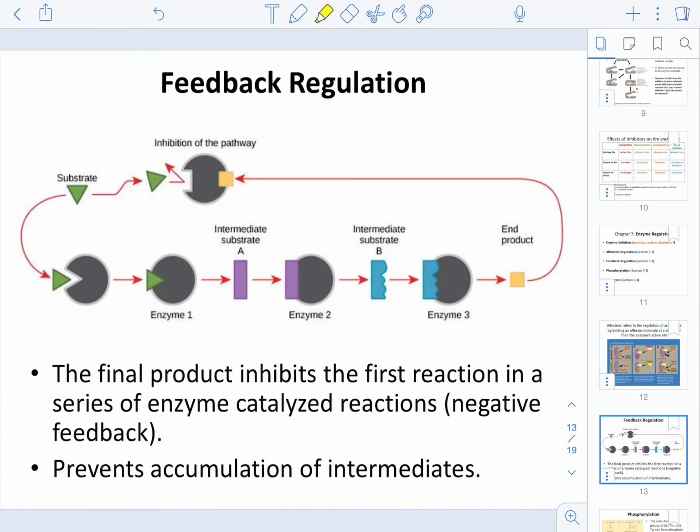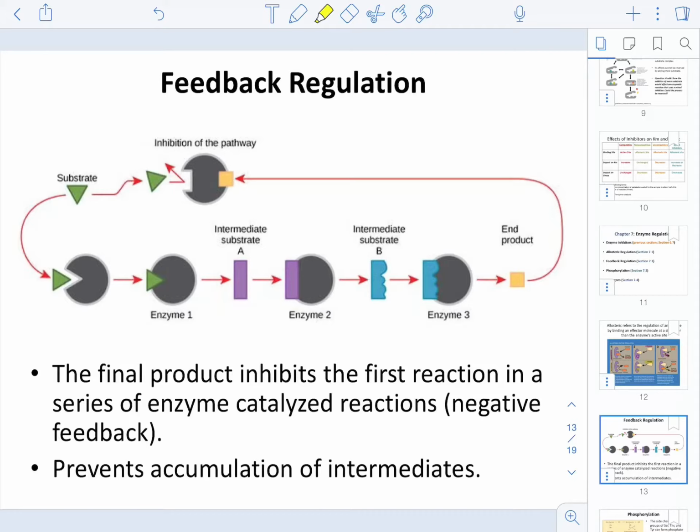The next type of regulation that you guys need to be familiar with is feedback regulation. And one of the things that we're going to be exploring, especially when we get to metabolism, is that many pathways in metabolism utilize this type of regulation in order to control and to gauge what to do depending on the environment of the cell.